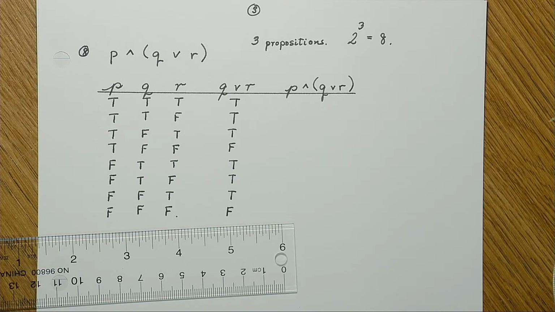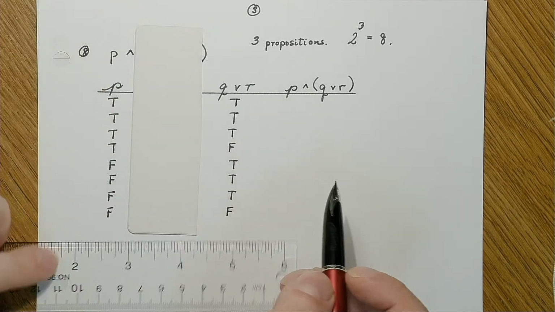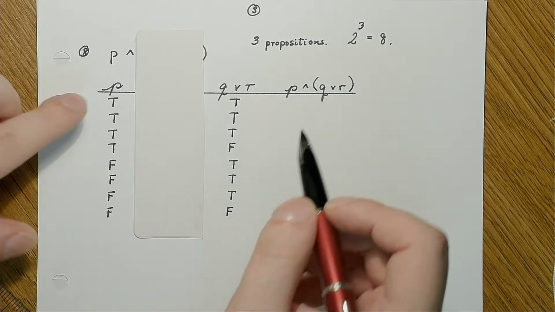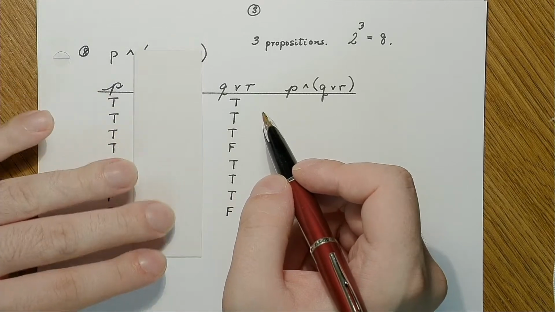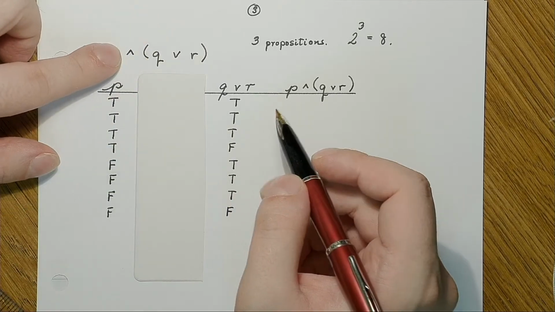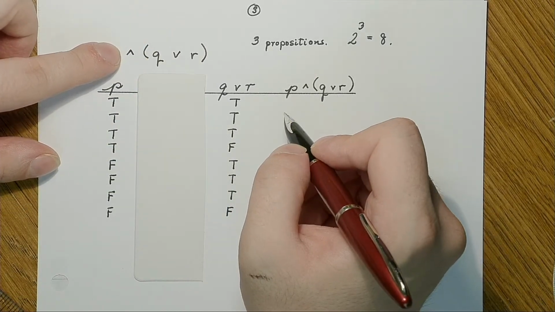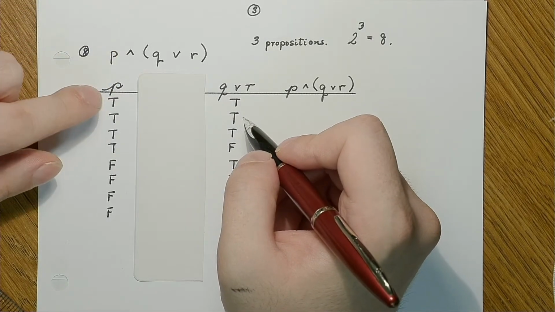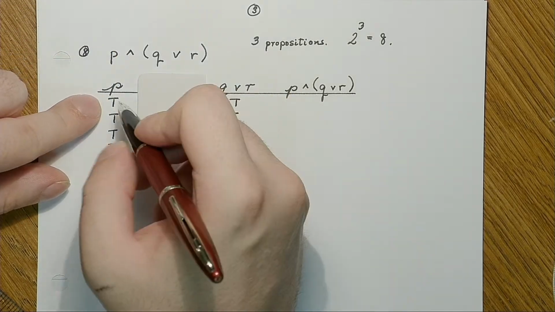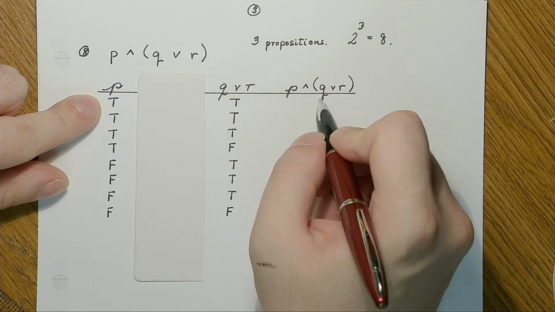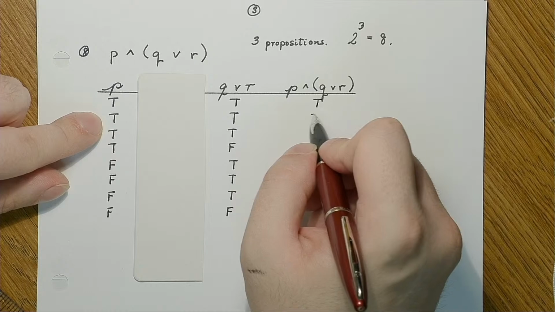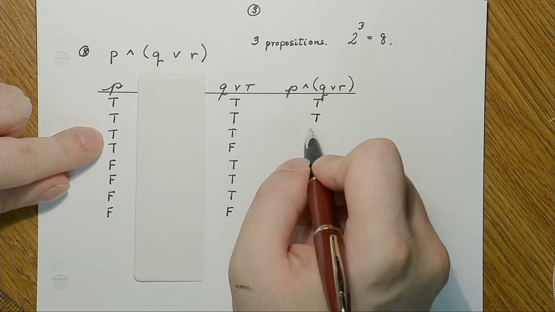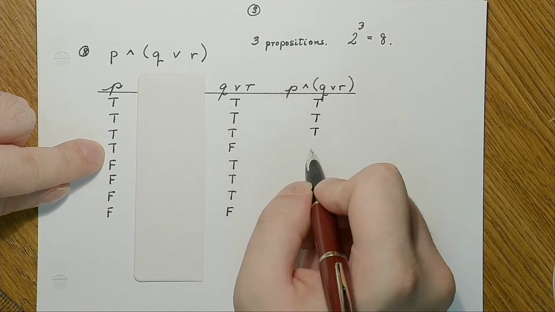So then for that part, I'm going to be looking at these last 2. So I have the first one in this column that I'll be looking at, and I need to apply the and. So I'm applying this and between these 2 columns. So I have true and true, that's true. I have true and true, so that's true. So again, I'm just working my way down the list.